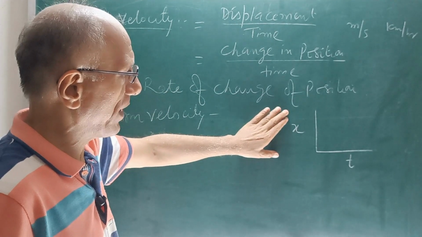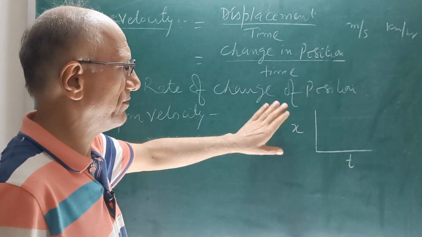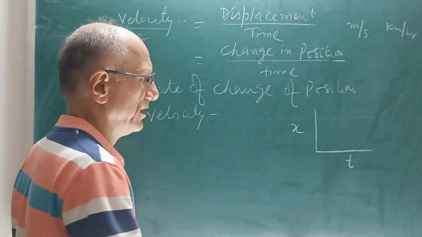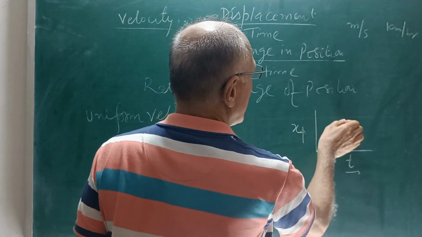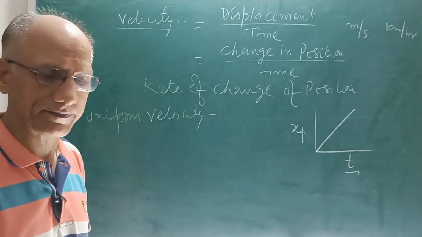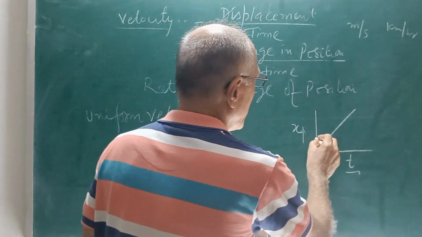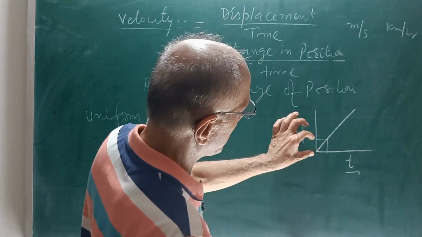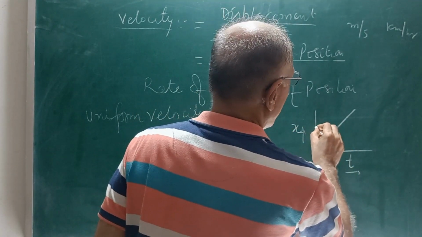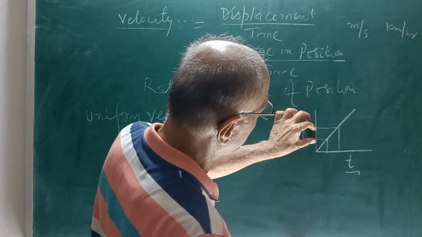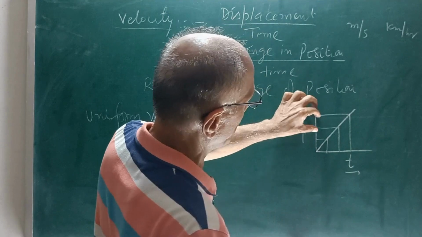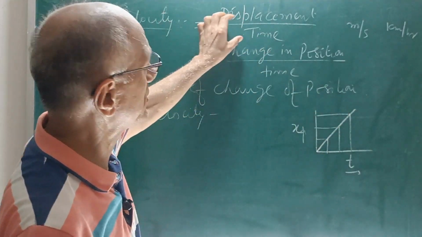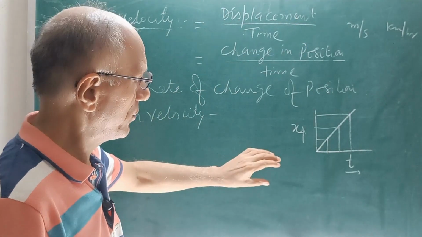So if you try to find the x-t graph, that means position-time graph, then it must be a straight line. That means in 1 second, this much is the change in position. In another second, you have got the same change in position. In another second, the same change in position. Change in position means displacement.